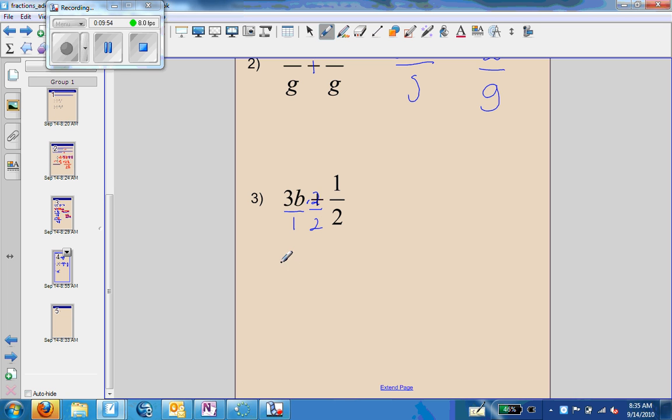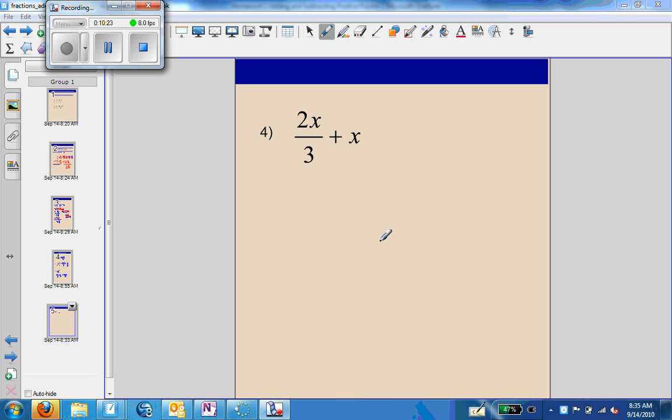So we end up with 3b times 2 is 6b over 2 plus 1/2. 6b and 1 cannot be added together and simplified because they're not like terms. So we just write it as 6b plus 1 over 2, where you're adding the numerators and keeping the denominator.